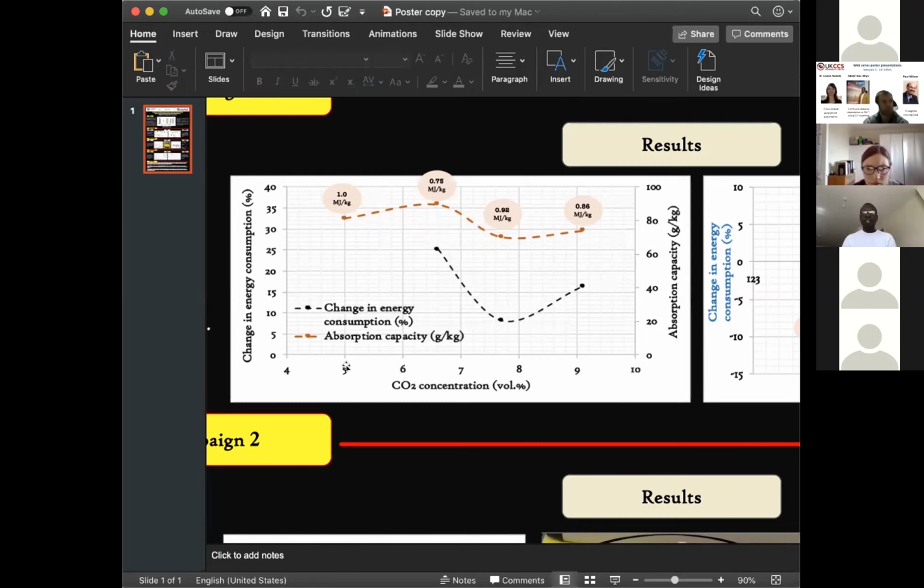So as the CO2 concentration is increased from 5 volume percentage to 9.1 volume percentage, the absorption capacity, which is in the orange dotted line, increases from 5.0 volume percentage of CO2 to 6.6 volume percentage of CO2 before it declines.